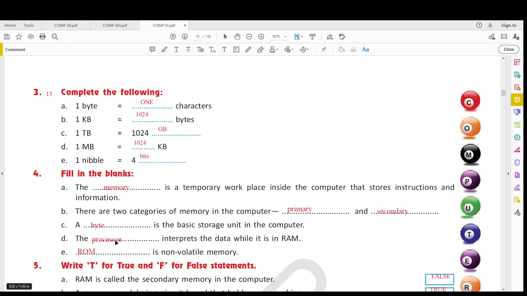The processor is going to execute those commands or instructions residing on the RAM chip. Next. Dash is a non-volatile memory, that is permanent memory. Non-volatile means permanent. It does not lose its contents when power is turned off. The ROM is the non-volatile memory and RAM is a volatile memory. So the answer will be ROM.